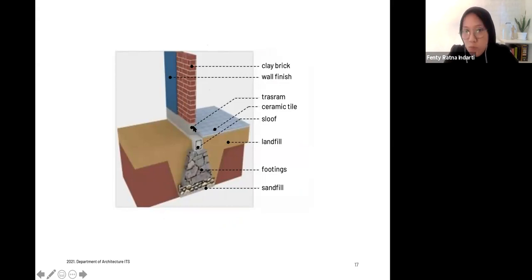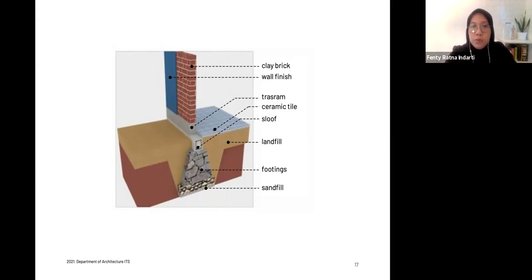I didn't find any terminology for this one in other practices outside Indonesia, maybe in other tropical countries there is, but in dry or temperate climates we don't have this, because this particular element, trasram, is used for preventing the absorption of groundwater from the ground into the walls.